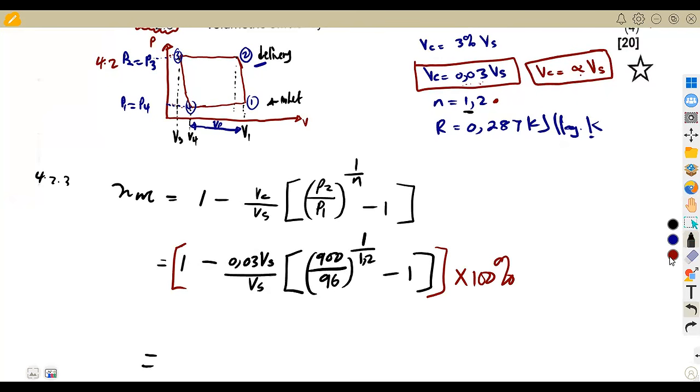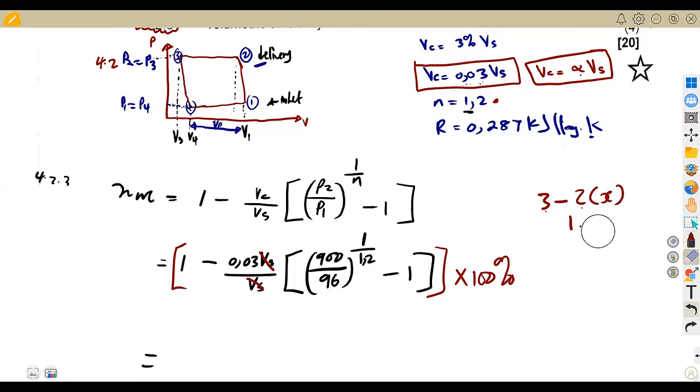If you are to simplify here, the VS and the VS cancel. Do not be tempted to subtract 1 minus 0.03, because 0.03 is multiplying this bracket. So you do not subtract. Let's take it this way: it's like 3 minus 2x. If you say 3 minus 2 you get 1, then you multiply by x, this is wrong.